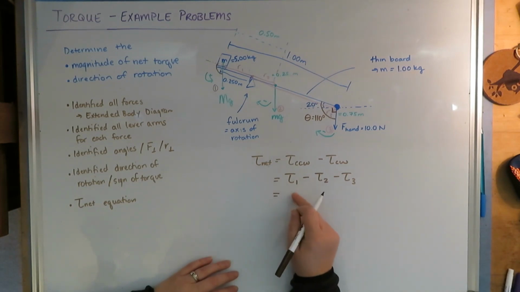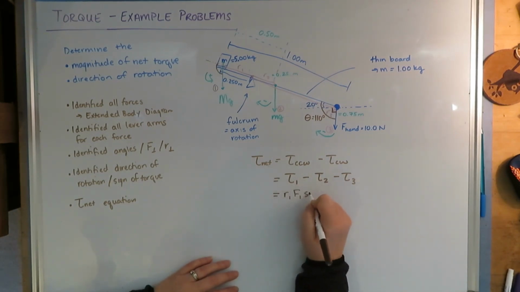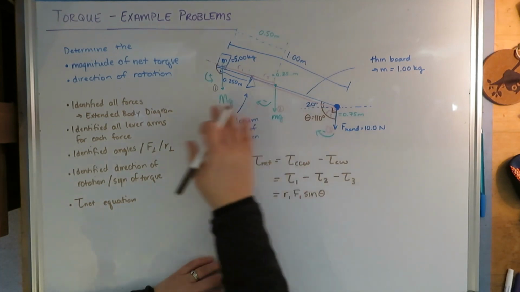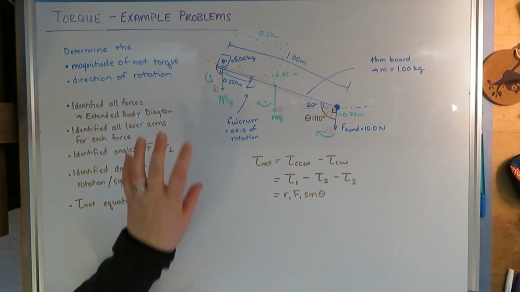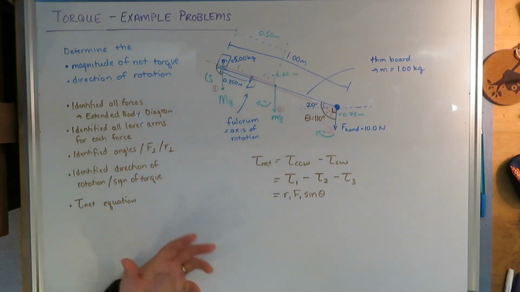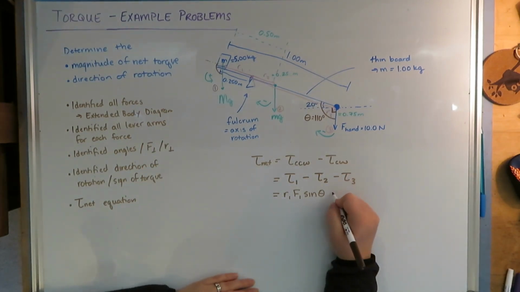So torque 1 is going to be R1 F1 sine of theta. These all have the same theta in this case, which was nice. Sometimes the angles will be different depending on the type of problem you're working, so you'd have to make sure you found each of those angles, but in this case they're the same.